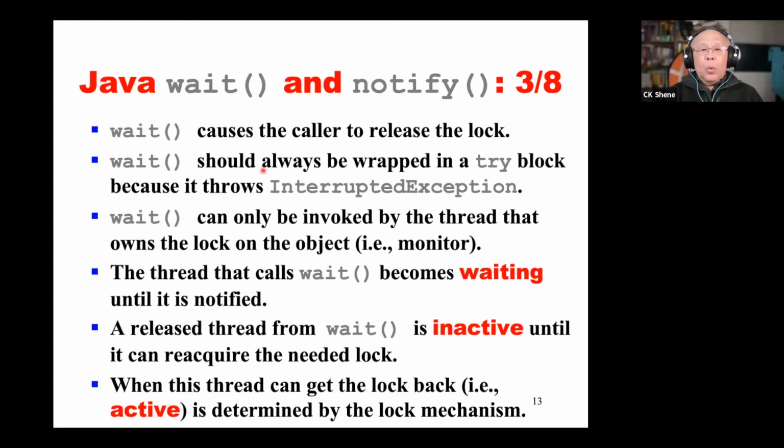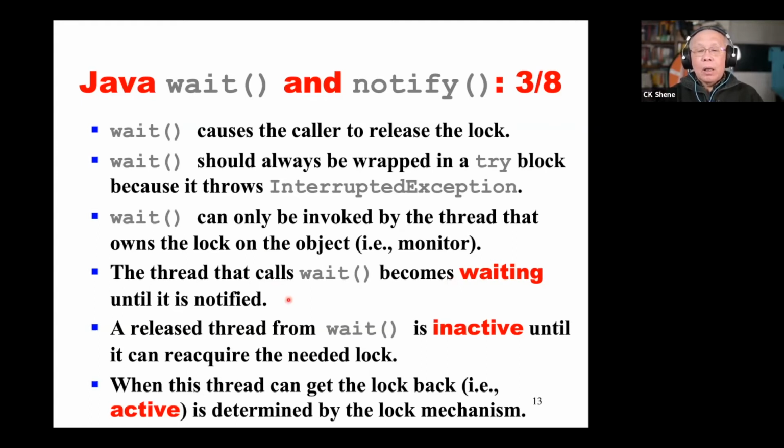So wait should always be wrapped in a try block because it throws InterruptedException. As we mentioned earlier, wait can only be invoked by the thread that owns the lock on the object. That is the monitor. The thread that calls wait becomes waiting until it's notified.